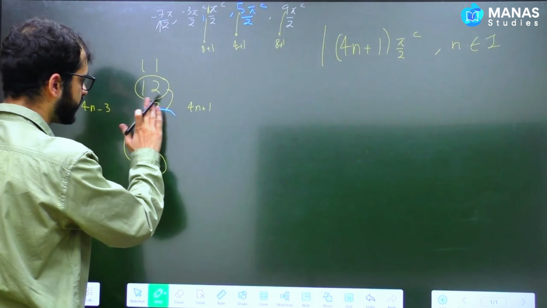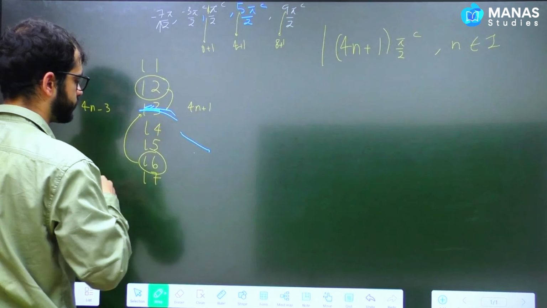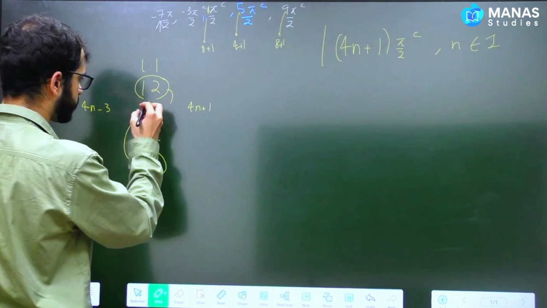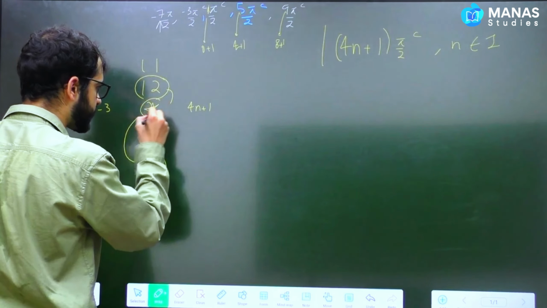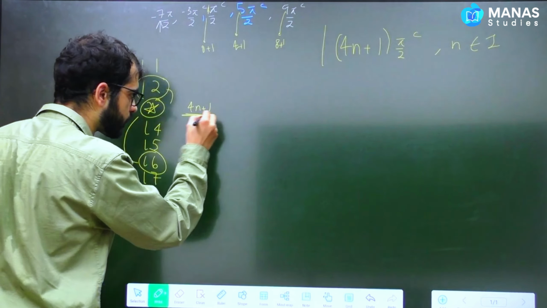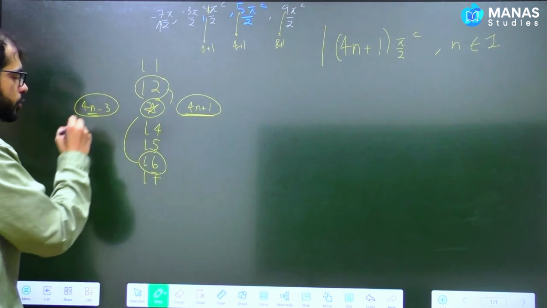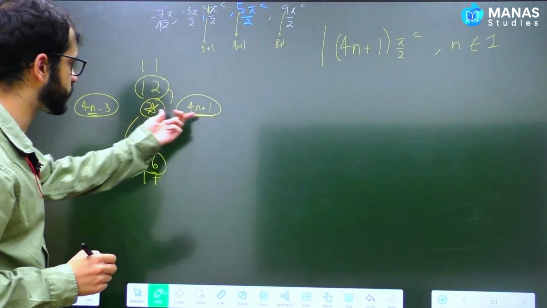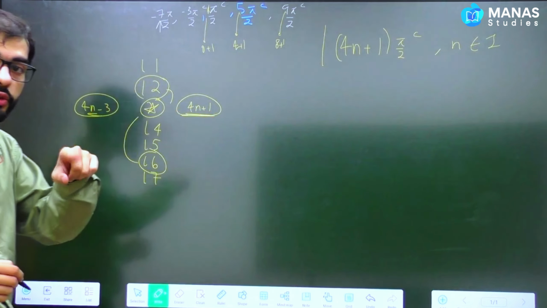So I can say, if I have any number, then this number can either be 4n plus 1 or it can be denoted by 4n minus 3. So 4n plus 1 and 4n minus 3 refer to the same number.